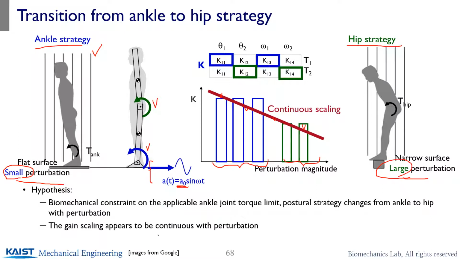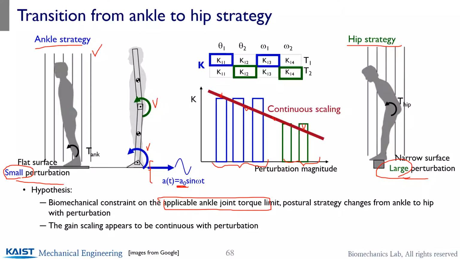So without further detailed explanation about what causes those gain scaling, I'm going to briefly mention the hypothesis used in this study. Since your applicable ankle joint torque is limited, and this means not your muscle limit but your biological limit. When you're standing upright, you can apply ankle joint torque proportional to your center of pressure location.